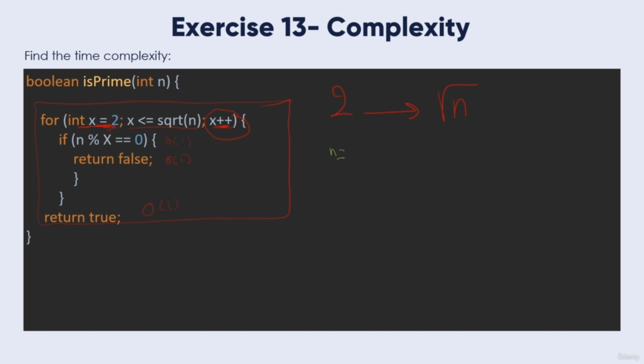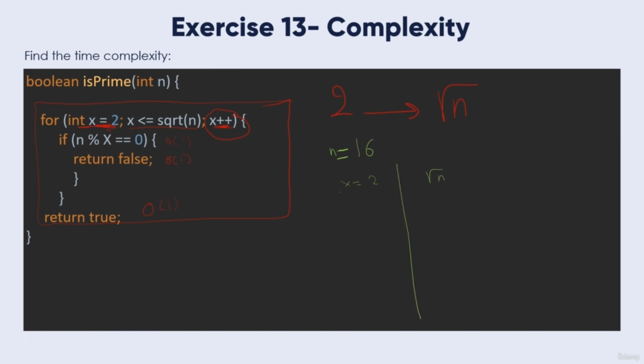to 16. Okay. Now, let's solve this exercise. We start from x equal to 2, and x less than square root of n, radical n.